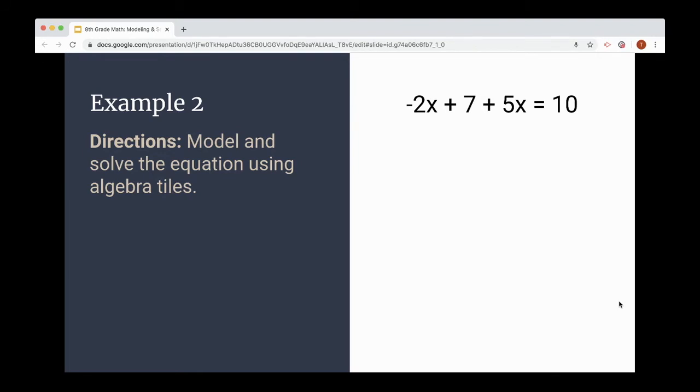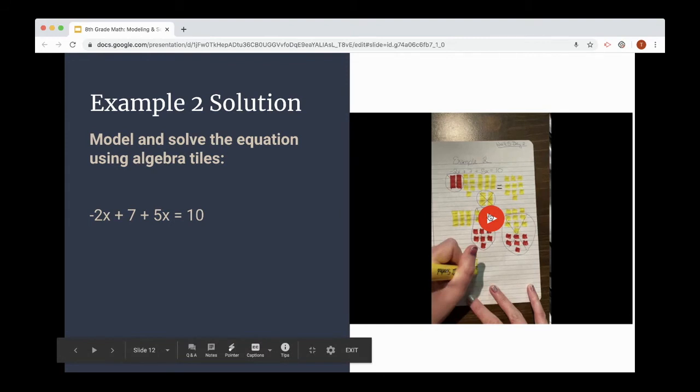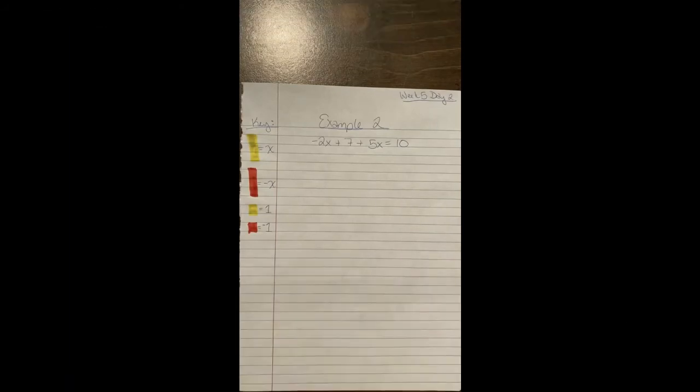Once you have modeled that, you can go ahead and solve using your 0 pairs like we talked about. And now if you're ready to check your work, you can go ahead and watch our solution video here for example 2. All right, let's look at the answer for example number 2.